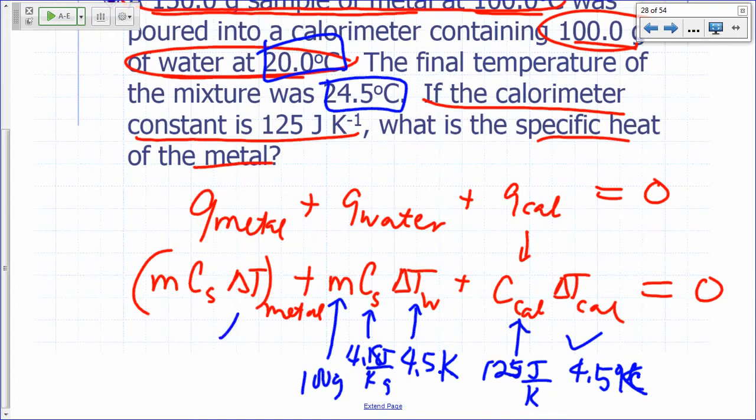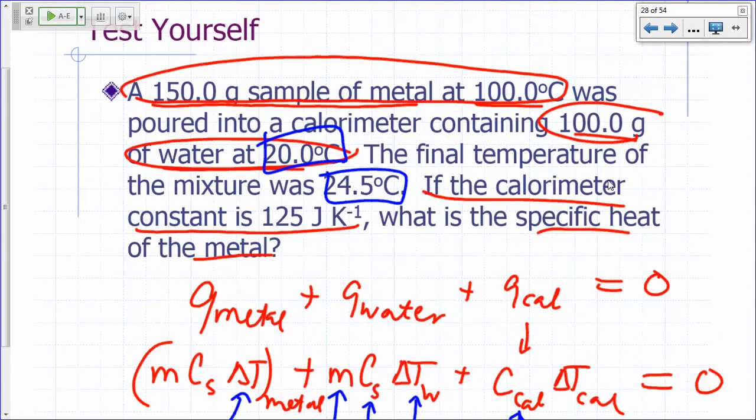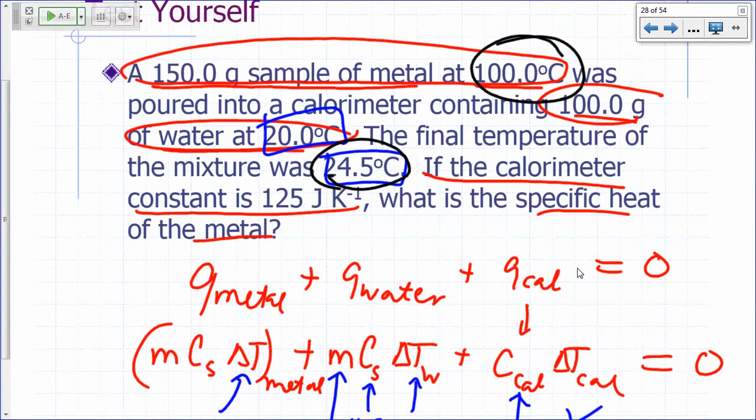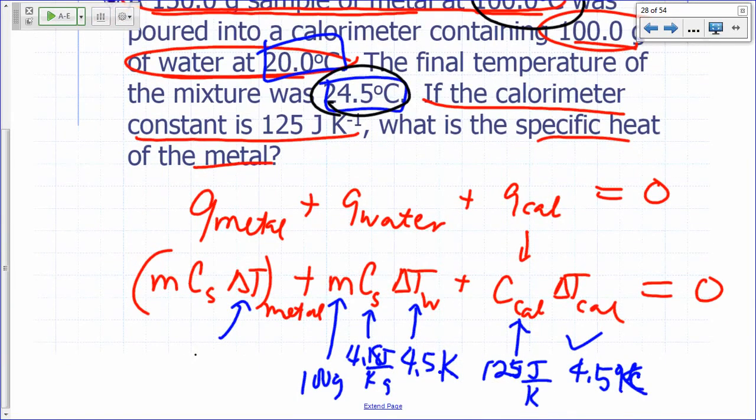Do you know delta T for the metal? The metal started off at 100 degrees and it ended up at 24.5. So what's delta T for the metal? Negative 75.5. Keep that in mind, that's negative, okay?